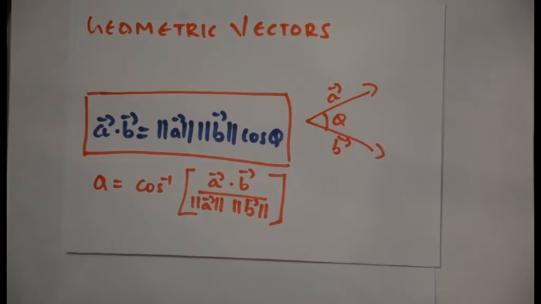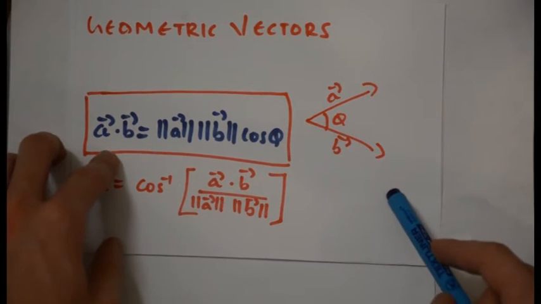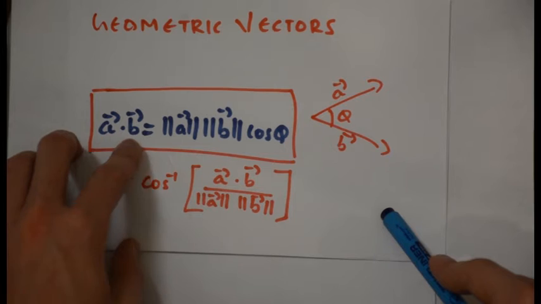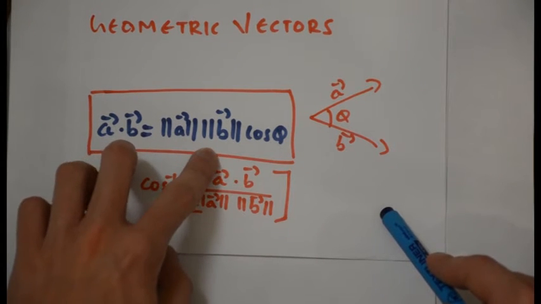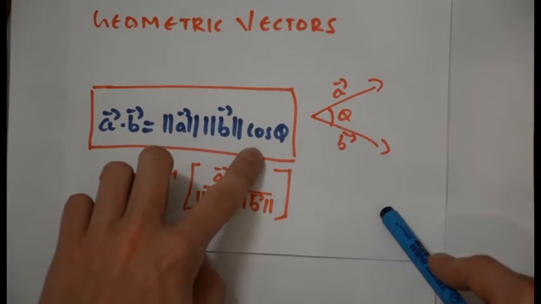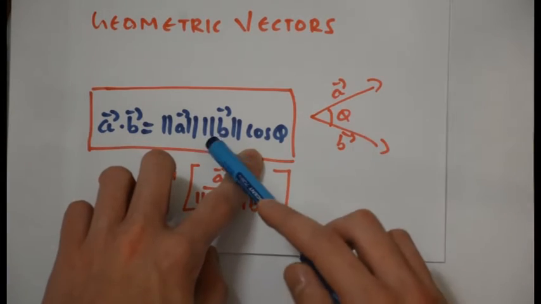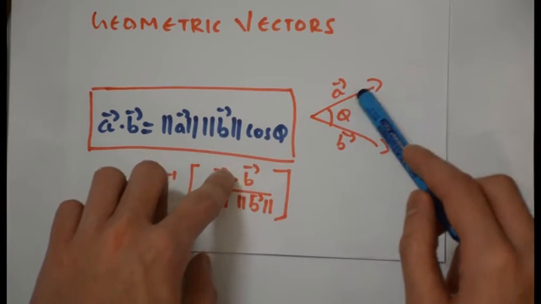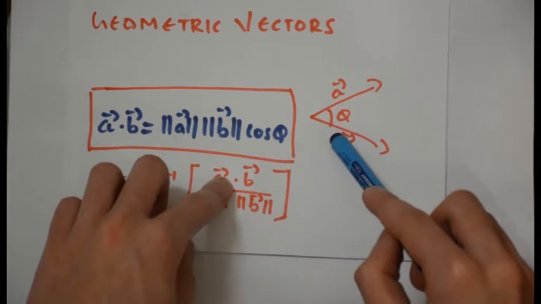So we're going to start with geometric vectors, which is mainly just one main equation, which is a dot b equals the magnitude of vector A times the magnitude of vector B times cos of the angle between the two vectors, which is tail to tail. Make sure it's tail to tail.